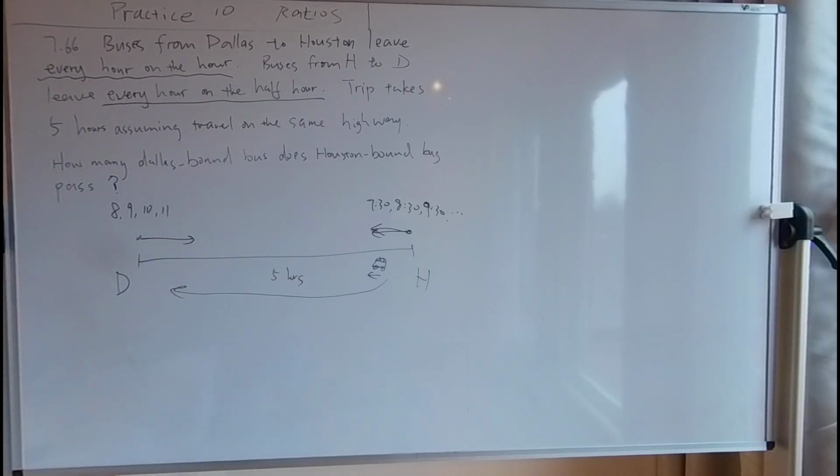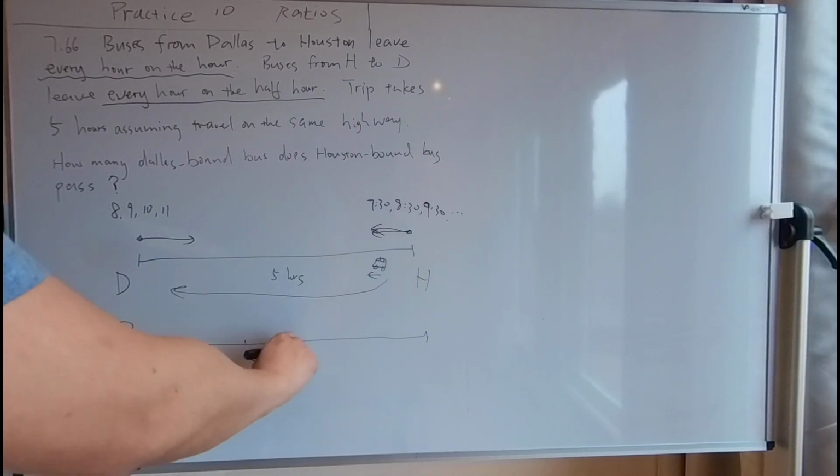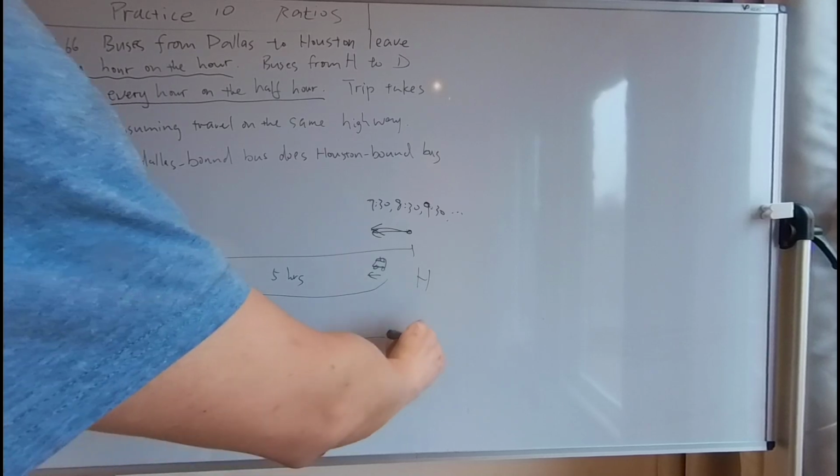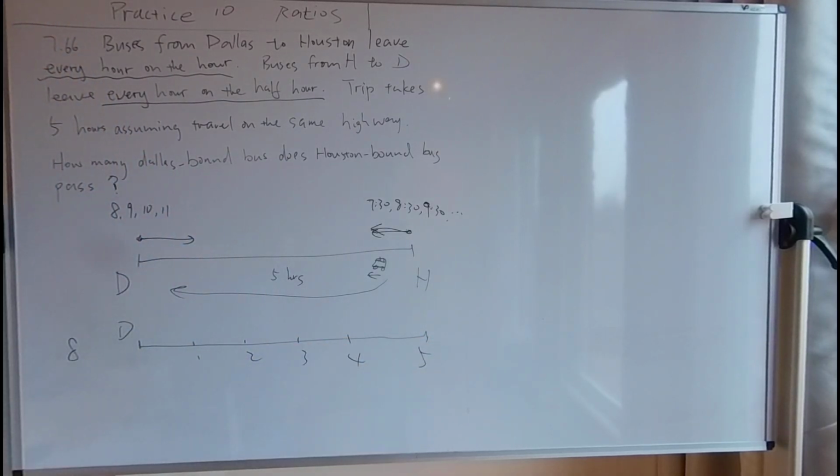Okay, so first of all, you can imagine that every hour I will have one bus on the road, and it spans 5 hours till the end. So if we only consider the buses that depart from Dallas, and assume that right now it's 8 o'clock in the morning, for example, then I can segment the whole distance by hours, right?